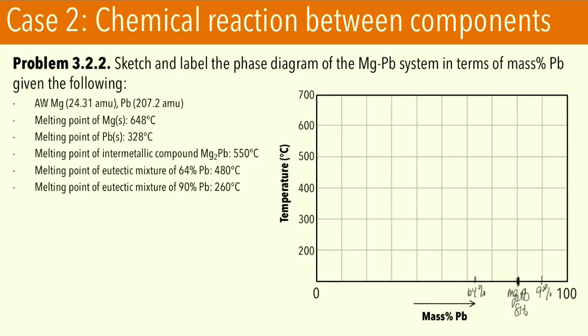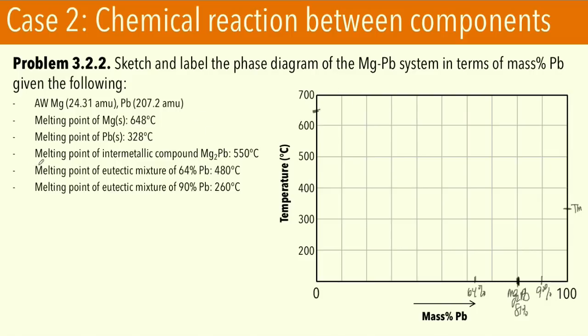Let's also label the corresponding melting points of our pure components. On this side we have pure lead, whose melting temperature is 328 degrees Celsius, so let's sketch it over here. The melting temperature of magnesium is 648, so it's around here.